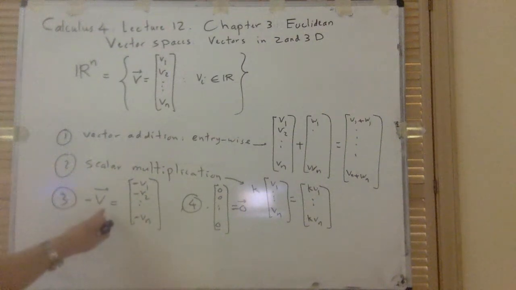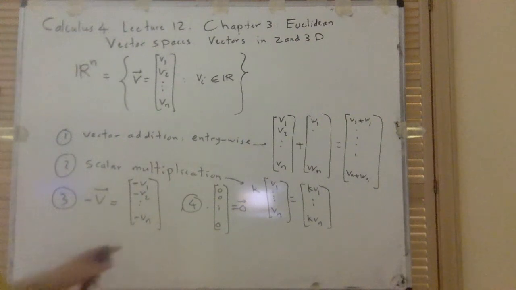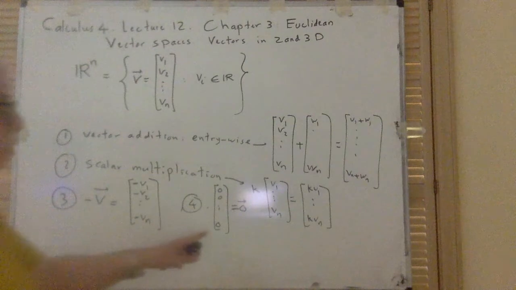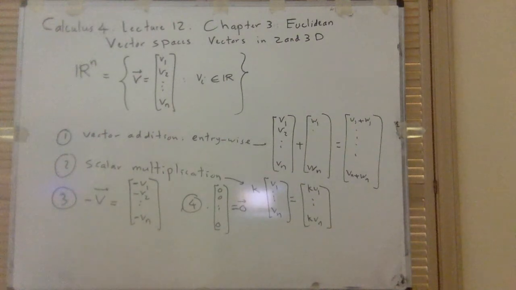If I add v to minus v, I will get 0. And if I add 0 to anything, it doesn't change that. If I add 0 to this, I will get this back. So 0 doesn't change either direction or magnitude.